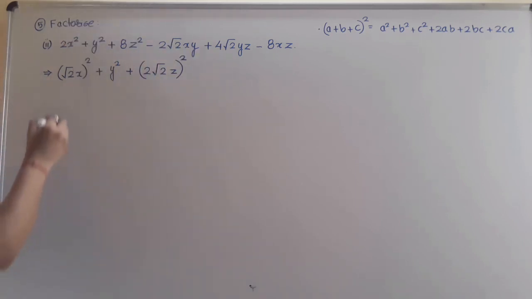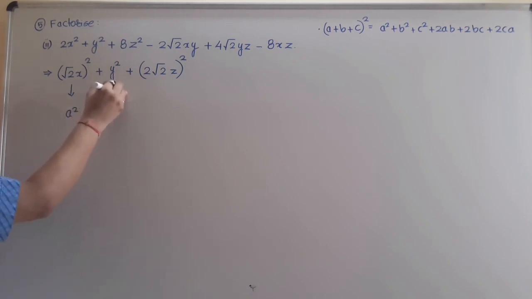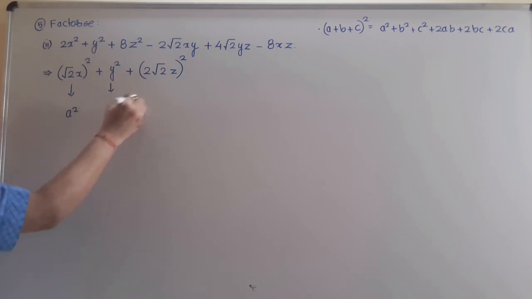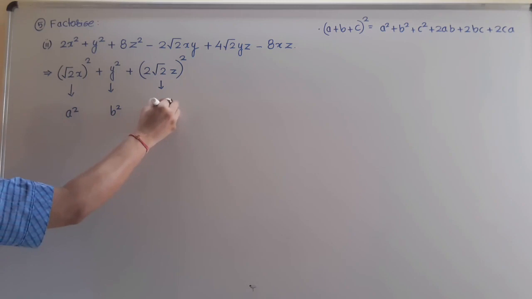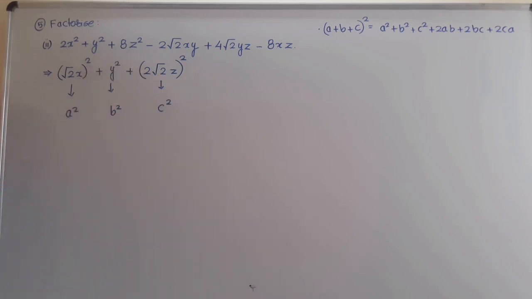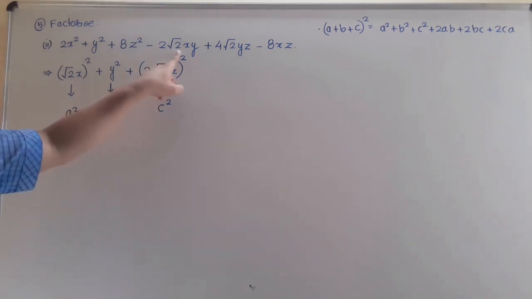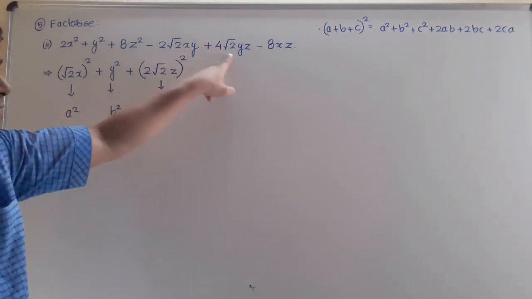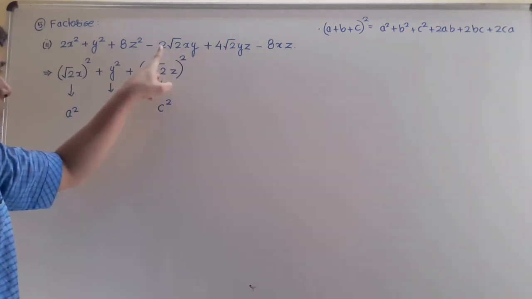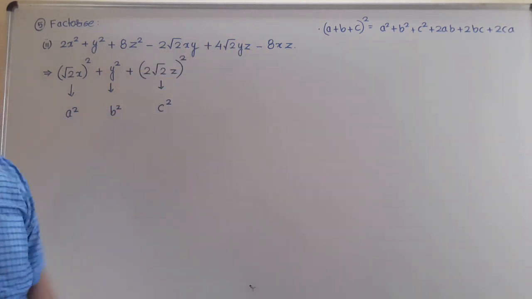Now this is my a square, okay, this will be my b square and this will be my c square. Now see, this a square, b square, c square I got, but one thing you observe here, this will be definitely 2ab, 2bc and 2ca, but here this term and this term is negative.